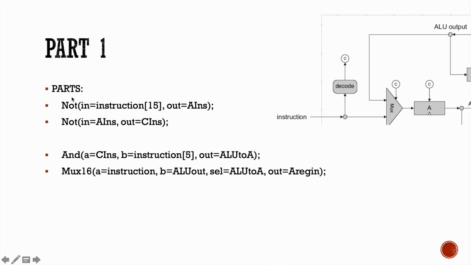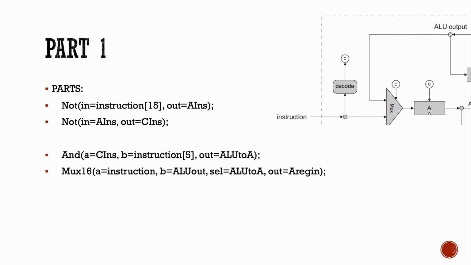As you can see here, the first line determines whether the instruction is an A instruction. So this is an A instruction, and the opposite of an A instruction is basically a C instruction. And the second line determines whether the instruction is a C instruction.